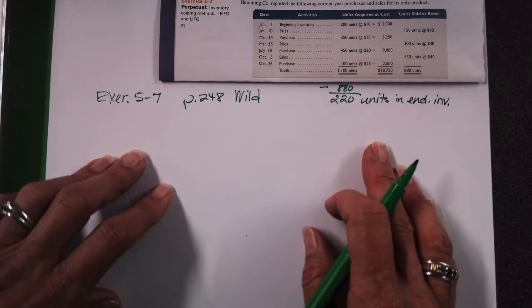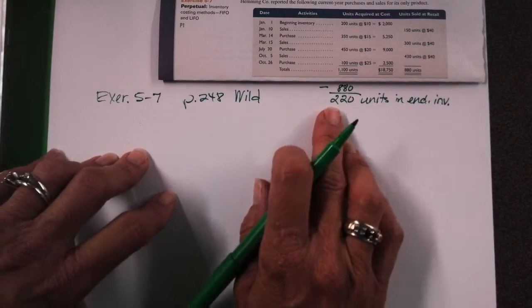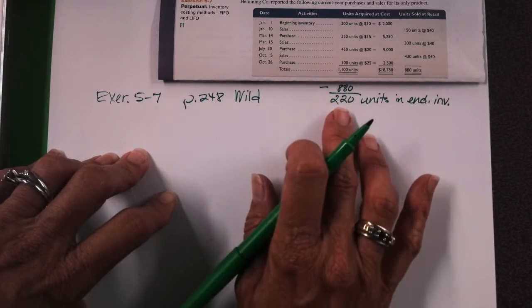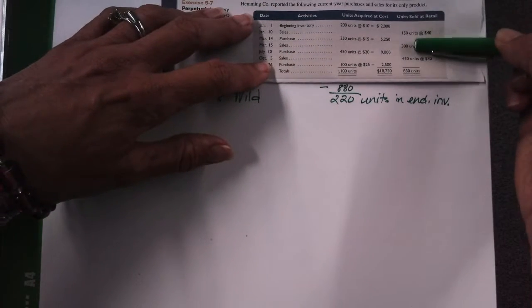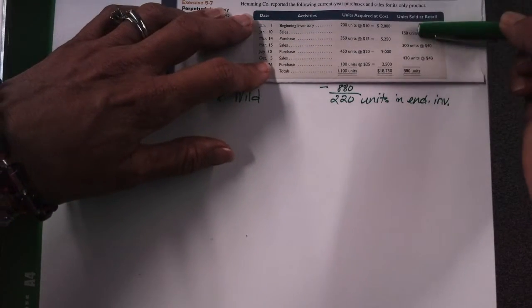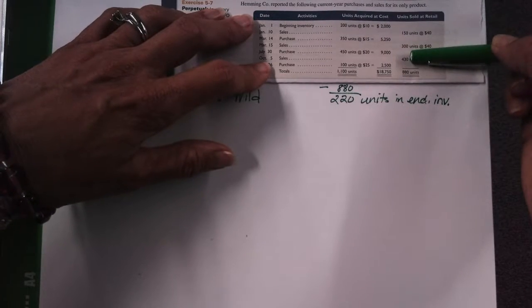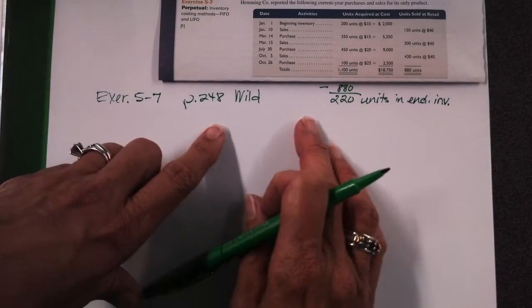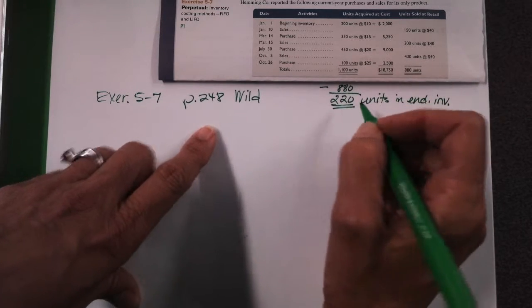So I'm going to value them directly. So these 220 units, since I'm doing first in, first out, that means as we had these sales up here, we would have sold the oldest stuff we had in the inventory, which means that the newest stuff we have in the inventory is what would be left in these 220 units, okay?